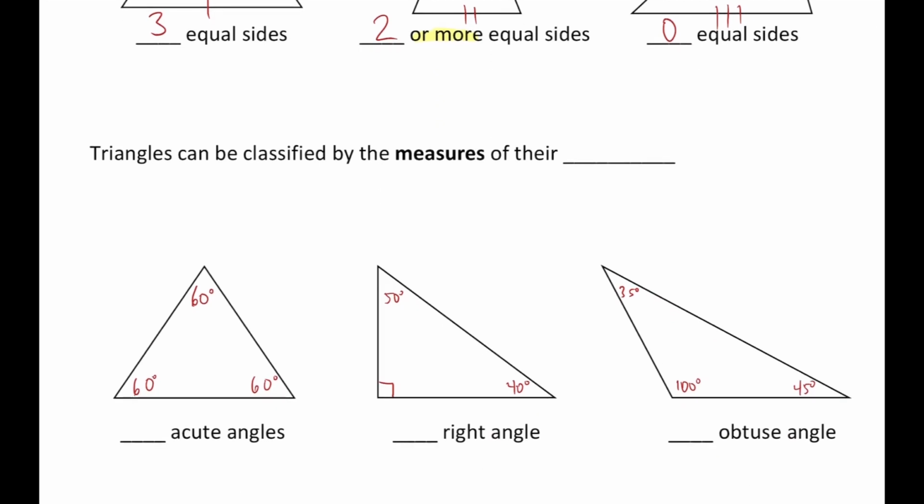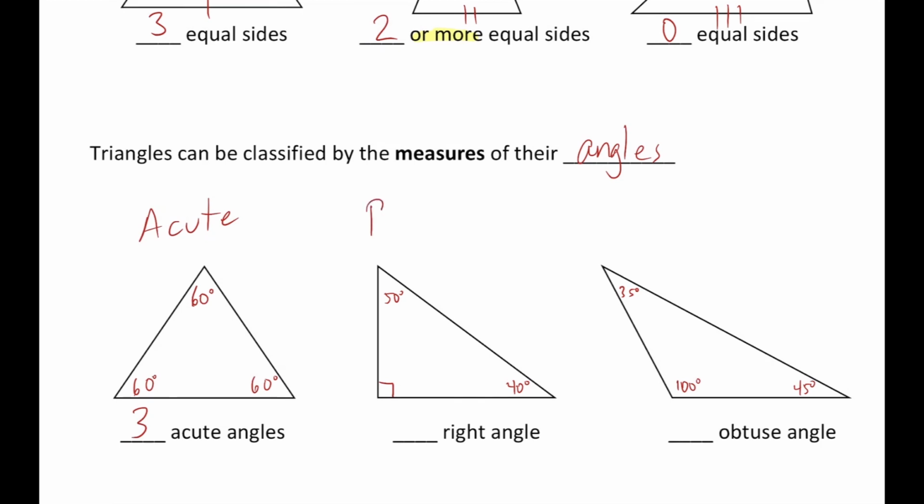All right, triangles can also be classified by the measures of their angles. If I have three acute angles, or all of my angles are acute, then I would just call this an acute triangle.